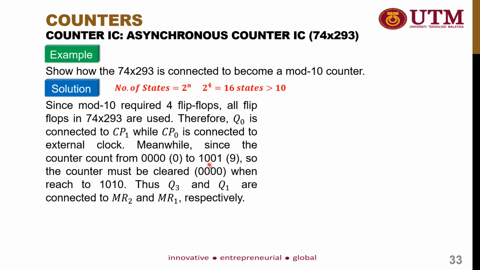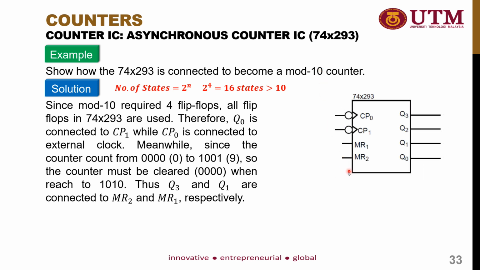But when it goes to the next count, 1010, the counter needs to be cleared. Why? This is because if the counter is not cleared, the counter will become a mode 11 counter. So we don't want the 11th number. We only want the mode 10 counter. We only want 10 states.